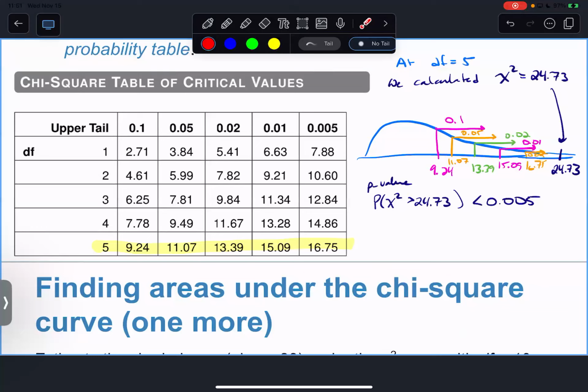I could say, well, if I let alpha be 0.05, I'm going to reject anything with an area in the tail smaller than 0.05. So what's another way that I could take this? I could say, how about I just force the area in the tail to be 0.05, and I can find the chi-squared that makes that happen.